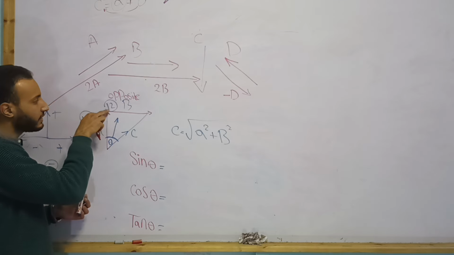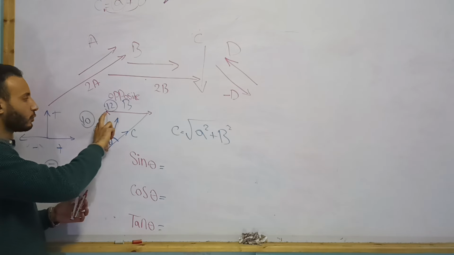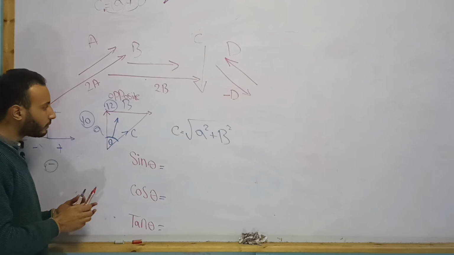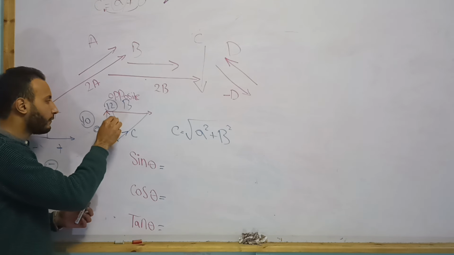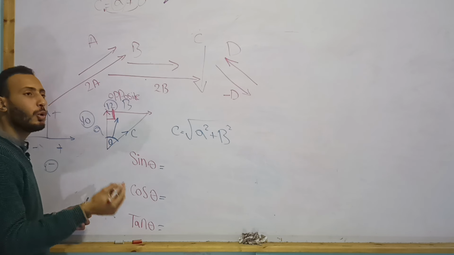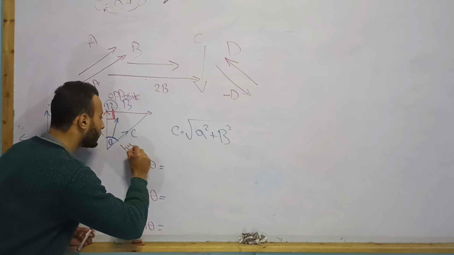So that means the opposite is equal 12. Then we have another two sides, this one and this one. The side in front of the right angle, or sometimes I say the long side, is called hypotenuse. This is the long one, so this is called hypotenuse.